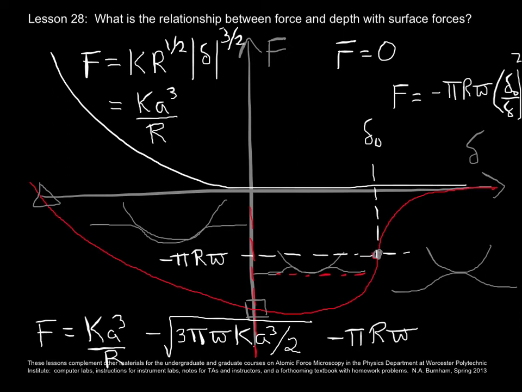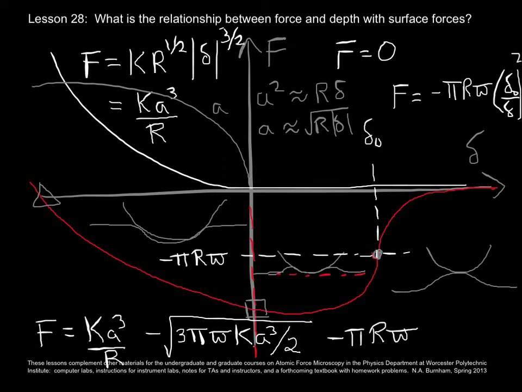There's just one more thing to adjust now. You remember for Hertz, we had a relationship that a squared is approximately equal to tip radius times depth, or in other words, a is approximately equal to r times the root of depth. And this would be absolute value here. And so you would get something like that for a for Hertz.